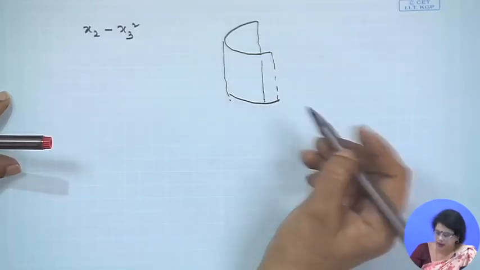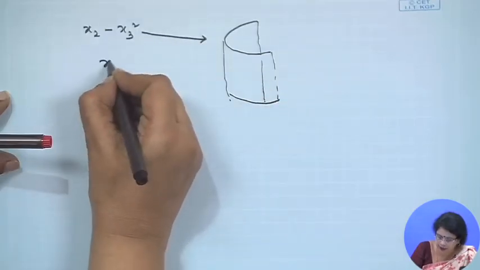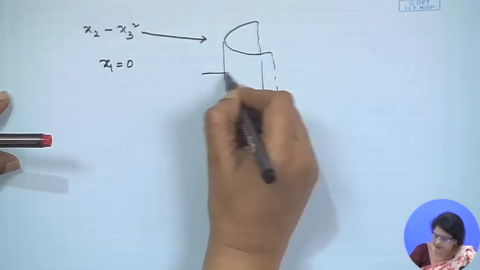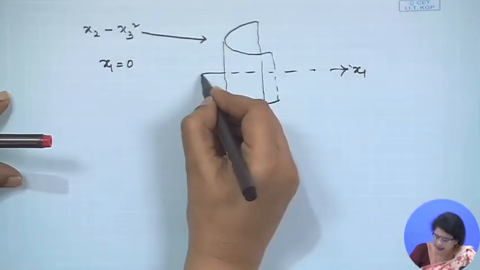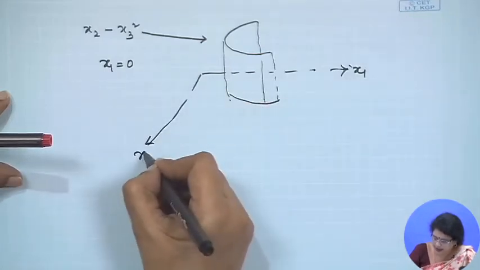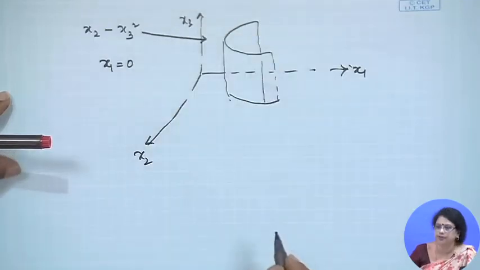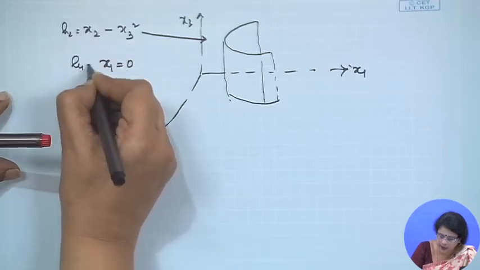Now, there is another constraint, x1 is equal to 0. This is the x1 axis, this is the x2 axis and this is the x3 axis, in 3 dimensions. This is your h2, this is your h1.